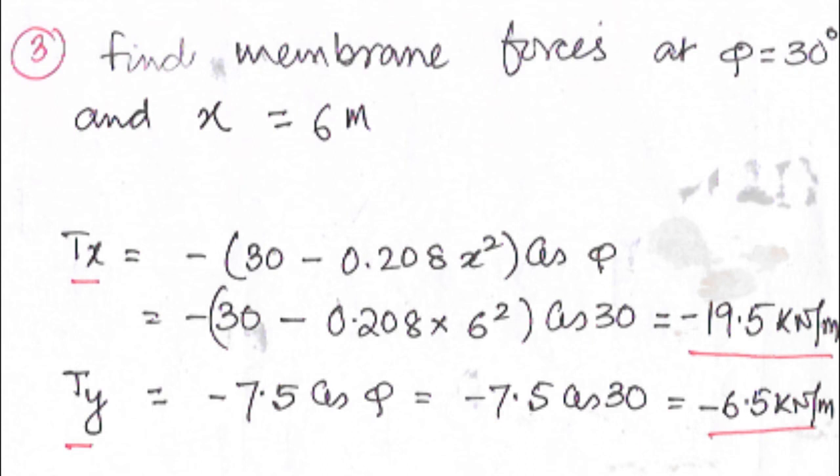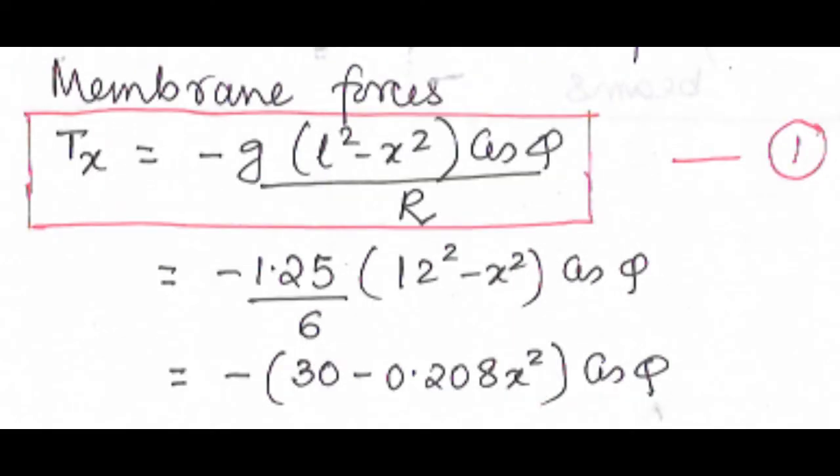Now, if we extend this problem one step further, suppose we have to find the membrane forces at phi equal to 30 degree and x equal to 6 meter. How can we find it? If you go back to the general expression, we have the expression of Tx as minus (30 minus 0.208 x square) cos phi, correct?